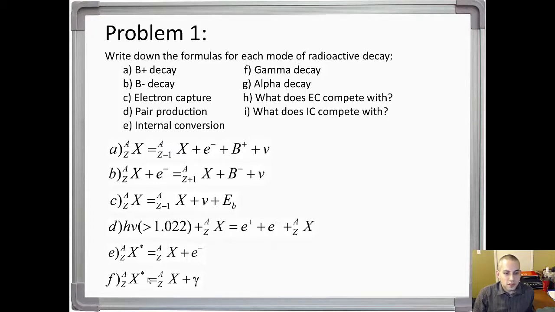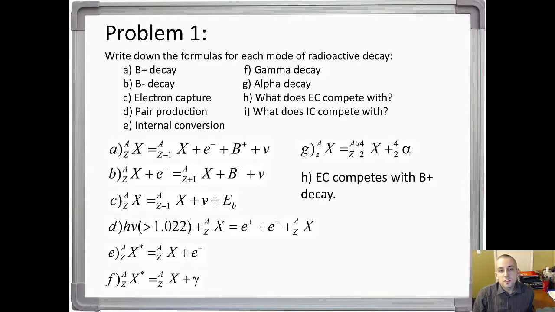The nucleus is excited. It's releasing that energy in the form of a gamma ray. In G, which is alpha decay, the element is decreasing its atomic number by 2 and its mass number by 4. So essentially it's losing 2 protons and 2 neutrons and creating this alpha particle.